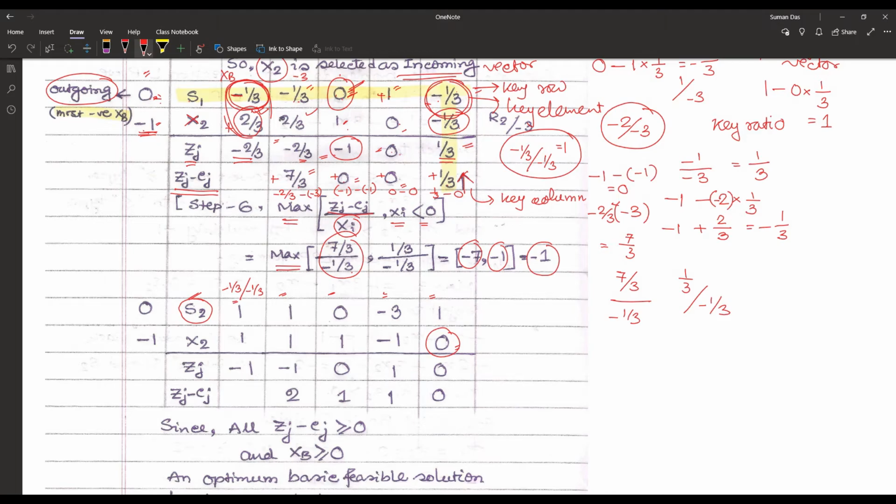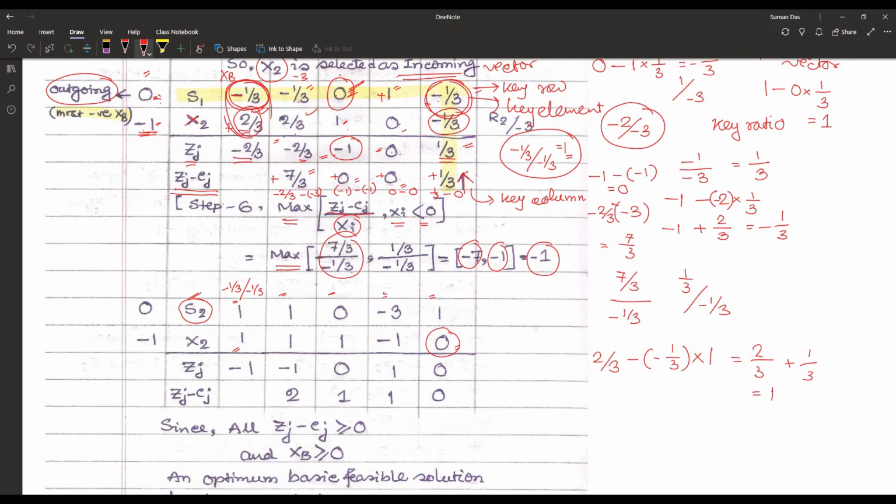Suppose 2 by 3 minus, given here, minus 1 by 3 into key ratio 1. So the result is 2 by 3 plus 1 by 3, or 1.